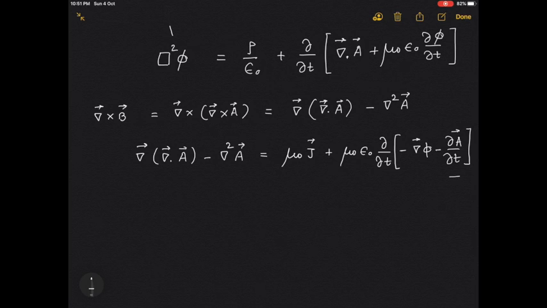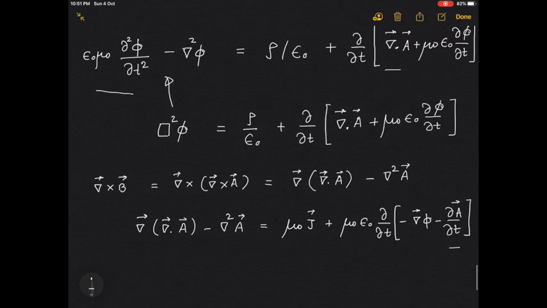You see, the second term is mu 0 epsilon naught del 2 del T2, and here I have grad square A. So these two again I can combine as box square, so here it becomes box square A. And what do I get in the right hand side?